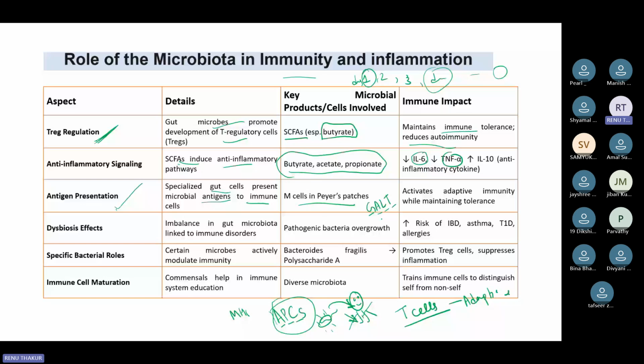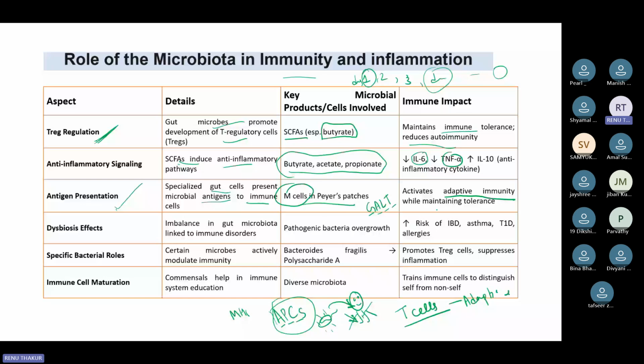In that gut we have Peyer's patches, which contain specialized epithelial cells known as M cells. These M cells are responsible for presenting antigens to the T cell, the responsible agent who will react towards it. So they will start activating the adaptive immune system and they will also maintain the tolerance level.